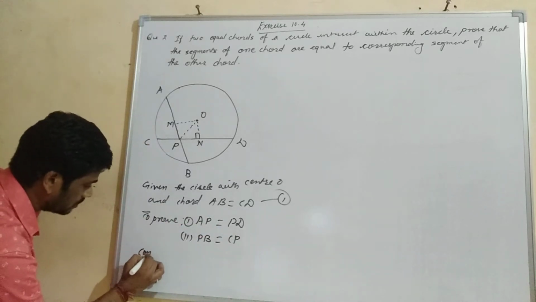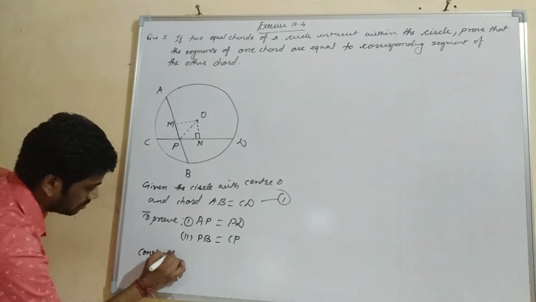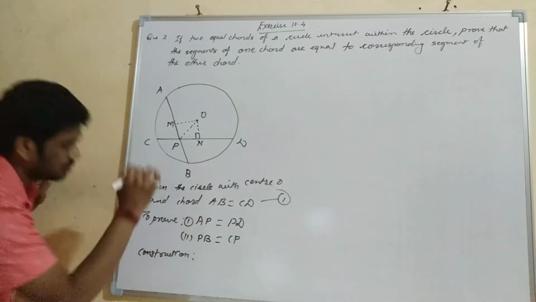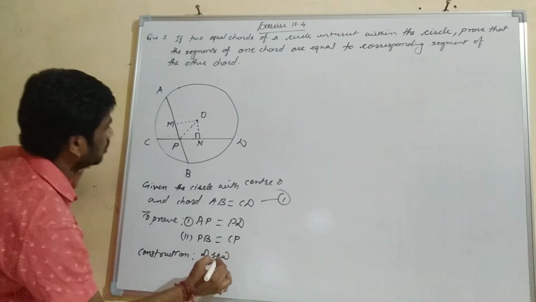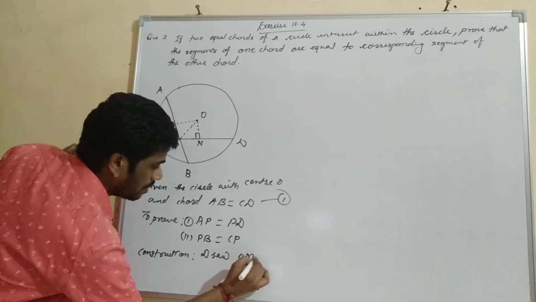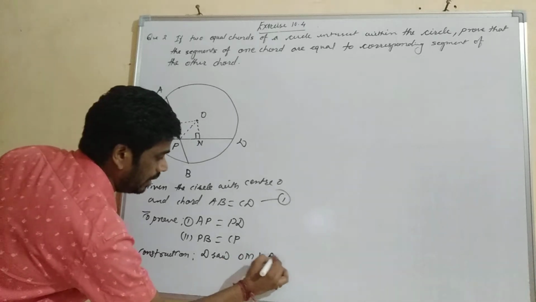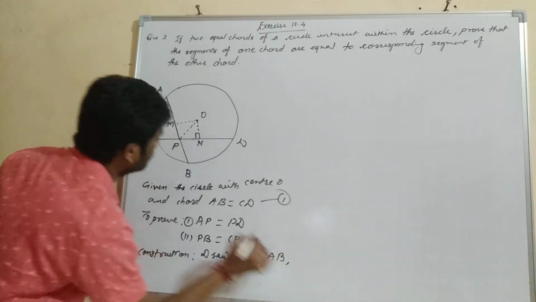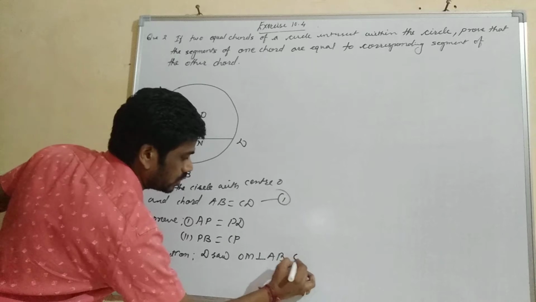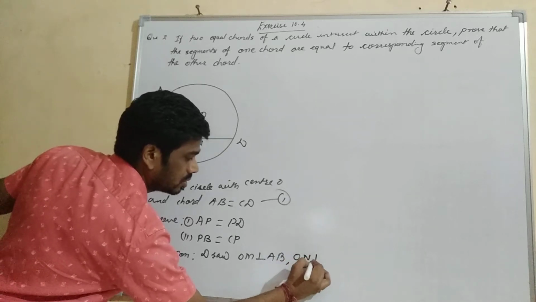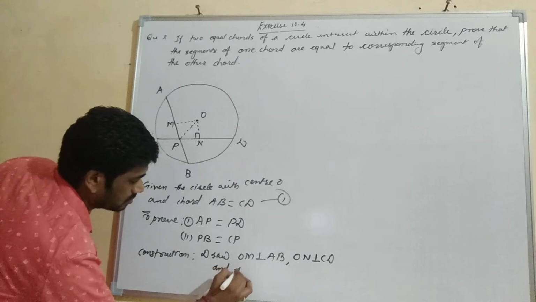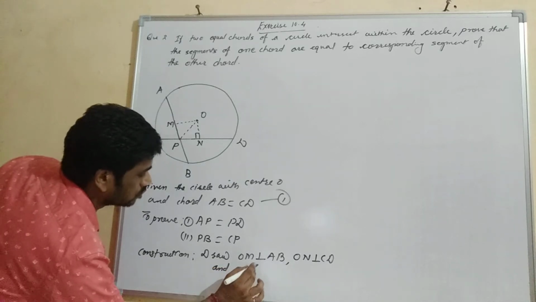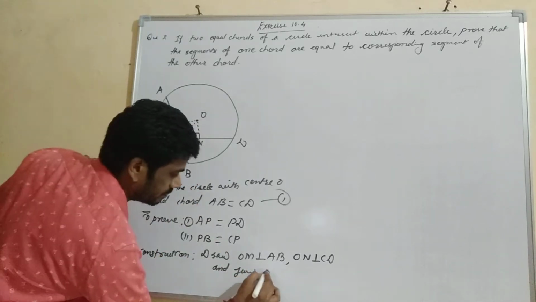Construction you will write: draw OM perpendicular to AB and OL perpendicular to CD, and join OP.